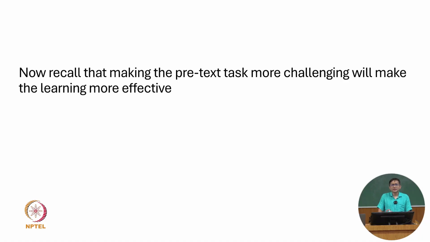Of course, if you make the pretext task very, very difficult, that's in other way impossible to predict, then the self-supervised learning effectiveness also drops.